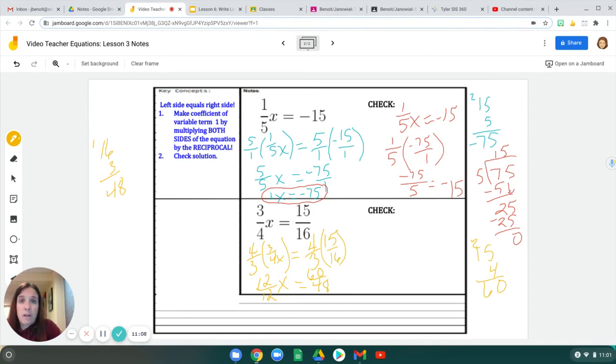12 over 12x can simplify to 1x because you can divide by 12. What about 60 over 48? What factor do they have in common? It's a big one.